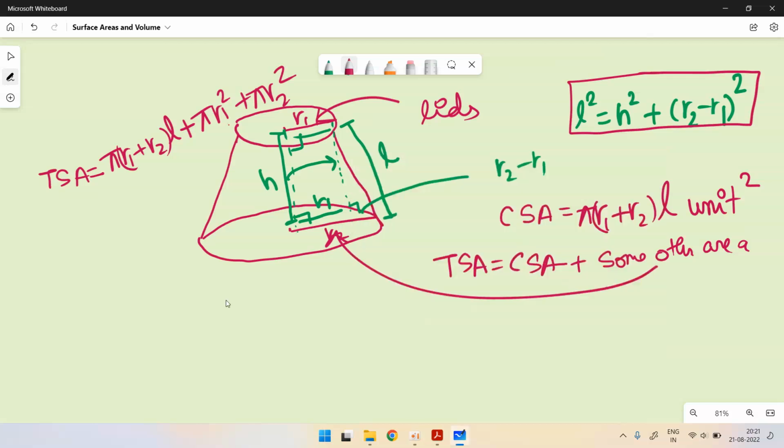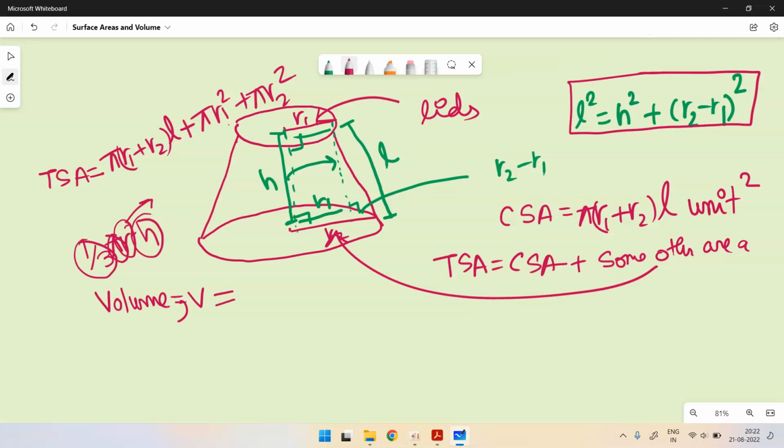Now total surface area is this. In some cases total surface area has been calculated as this. Then comes volume. Volume V, as you remember from the equation, volume of cone was 1 by 3 pi r square h. Now here 1 by 3 is constant, pi is constant, and height is fixed, but r is two different values, r1 and r2.